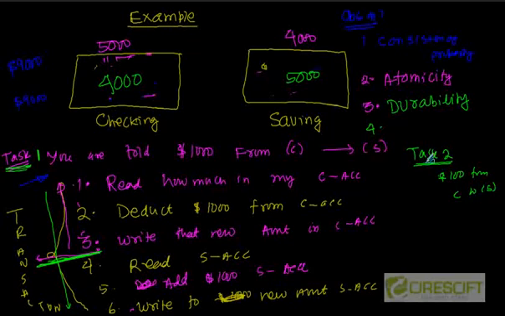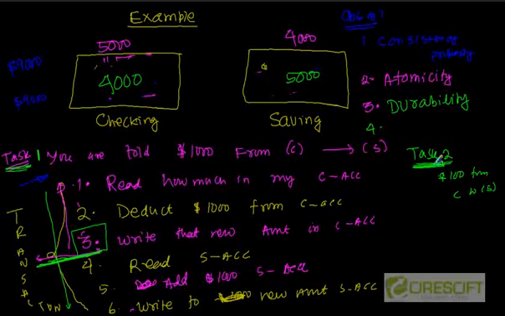Then task 2 starts. When it starts, it is going to read the amount in this checking account. But whatever amount it reads in the checking account, that should not be the amount from step 3.